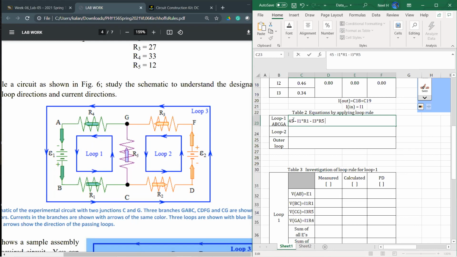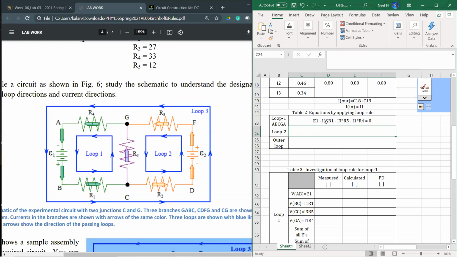We can put the numbers if you want to, but let's do it with the variables first. If I pass through G to A, the current direction and the loop direction are the same, so I should get a minus sign. The current passing through that green part is I1 multiplied by R4, and everything must equal 0. That's the idea of loop 4, right?